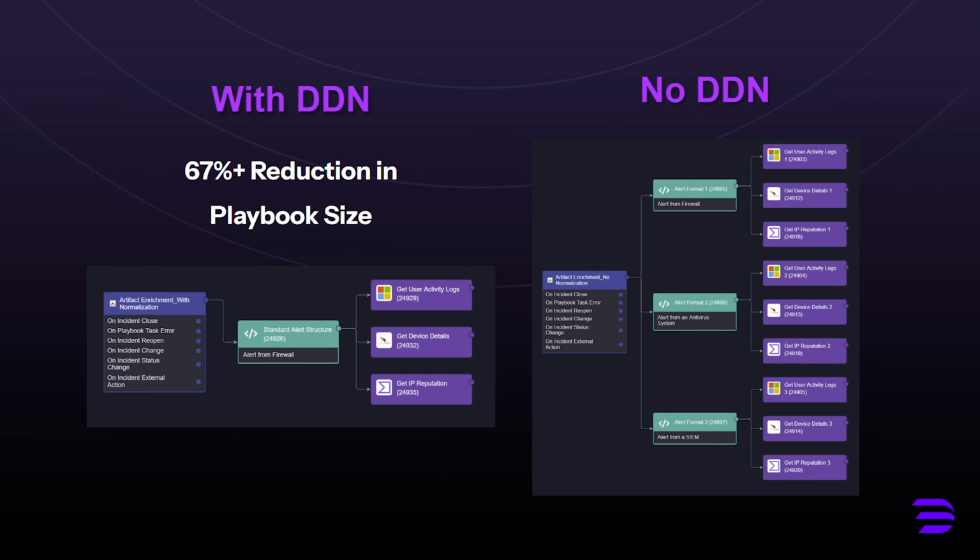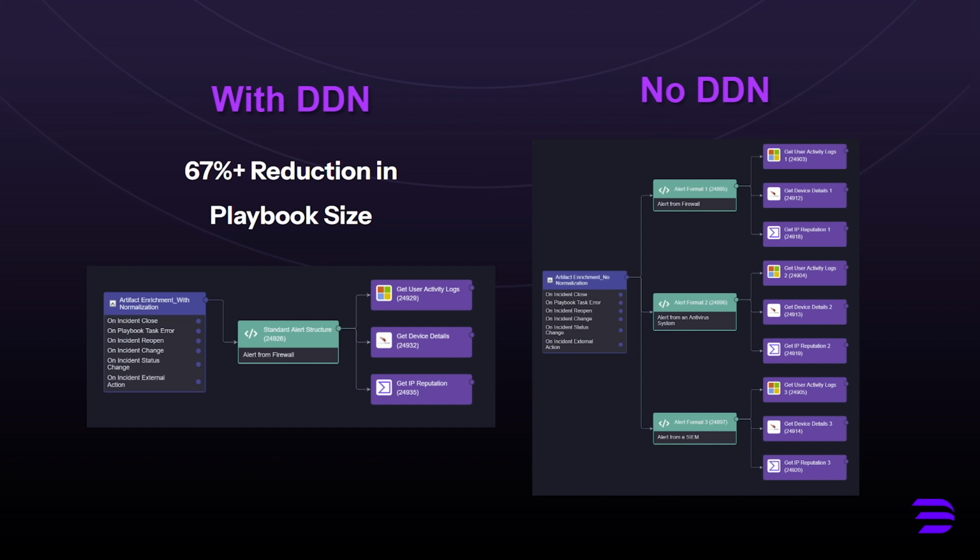Now, here is an example of two workflows, one with dynamic data normalization on the left-hand side and one without it. You can see that the playbook without it requires 3 unique tasks for each alert format. And now if you start to multiply this by the number of alert types and formats you have, as well as the number of playbook tasks you may need in order to process those alerts, these playbooks can get out of hand extremely quickly.